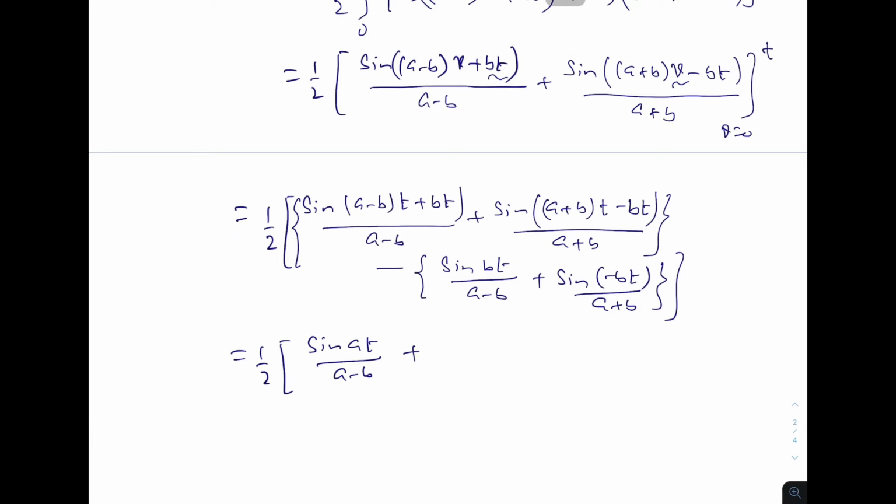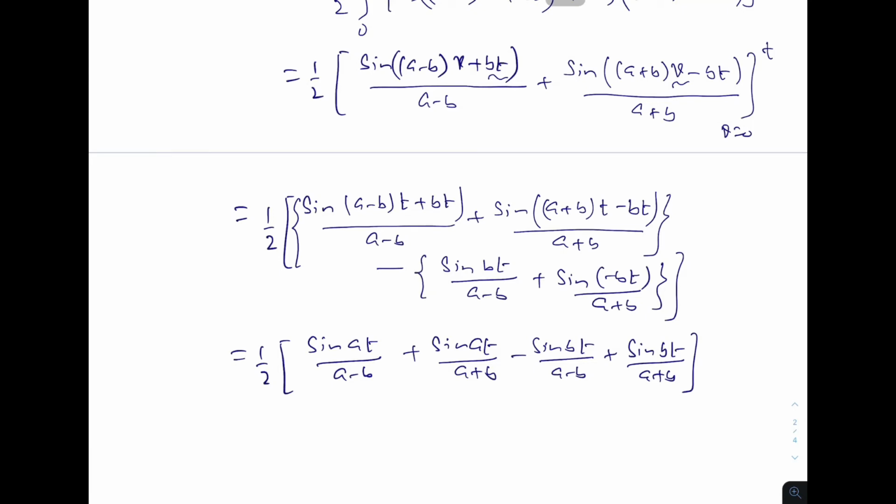Then plus, here also bt gets cancelled, so sine of at over a plus b. Then minus sine of bt over a minus b, and sine of minus is minus, so minus and minus becomes plus sine of bt over a plus b.